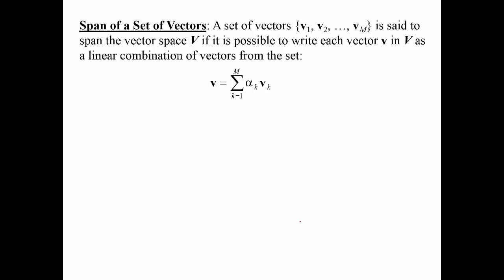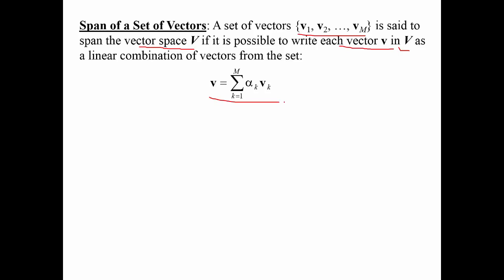So that leads us to the idea of a span of a set of vectors. We say that some set v1 to vm spans some vector space V if it is possible to write each vector v, little v in big V, as some linear combination. So clearly we need our set of vectors to span our space.